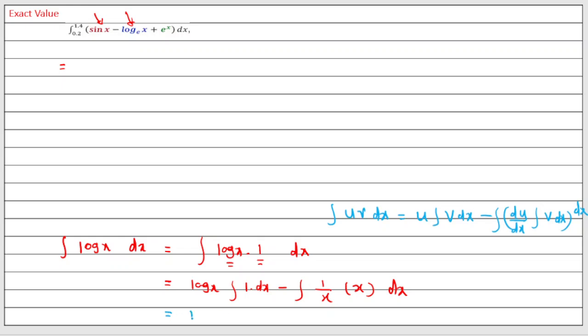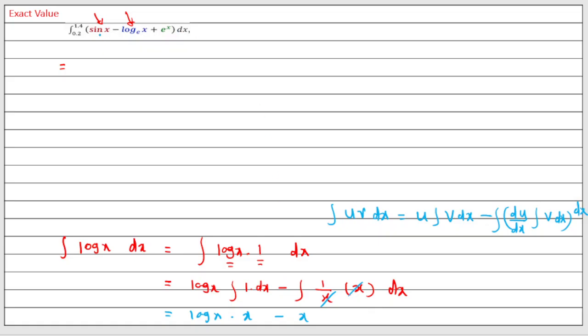Then log x, this is the first term, integration of 1 is x, minus, here x and x cancel, so integration of dx means integration of 1, which is x only. So this will be the integration of log x.